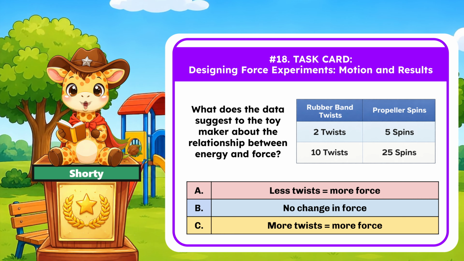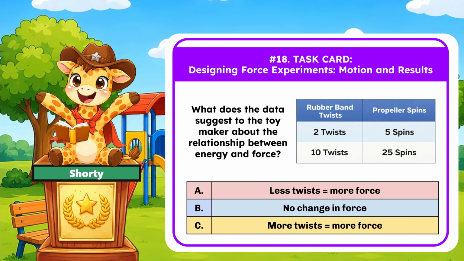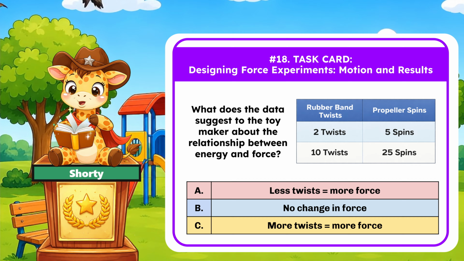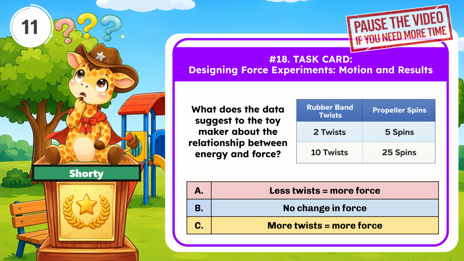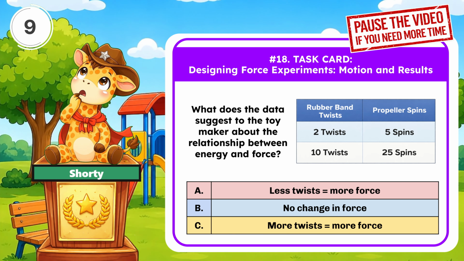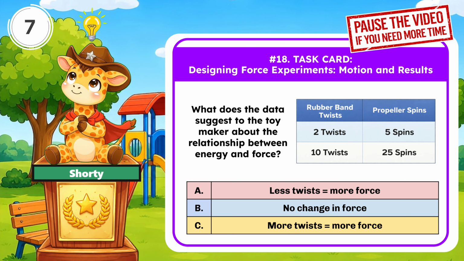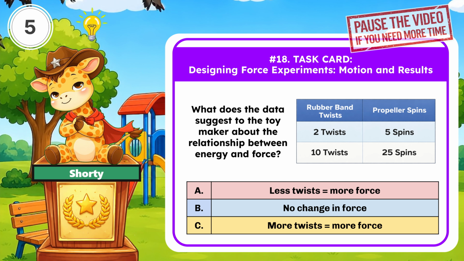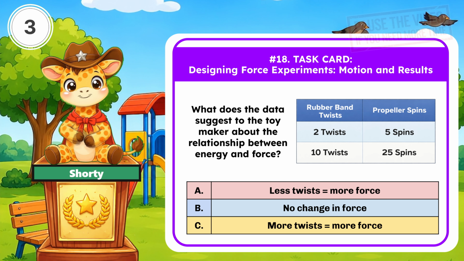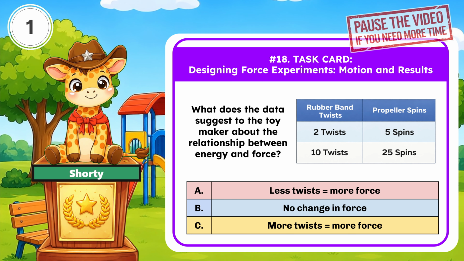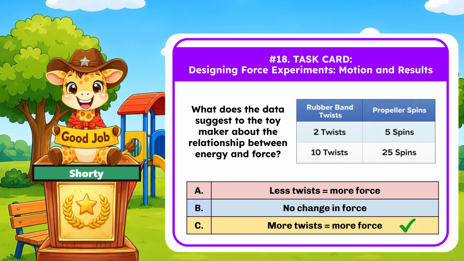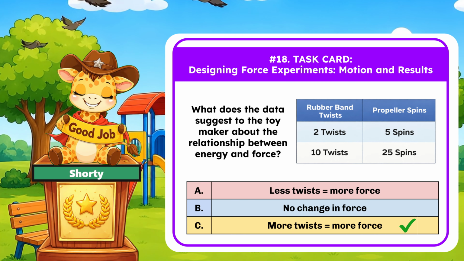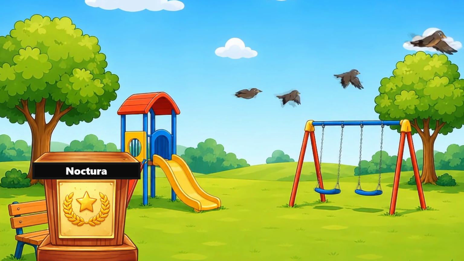What does the data suggest to the toy maker about the relationship between energy and force? And the correct answer is letter C. More twists equals more force.